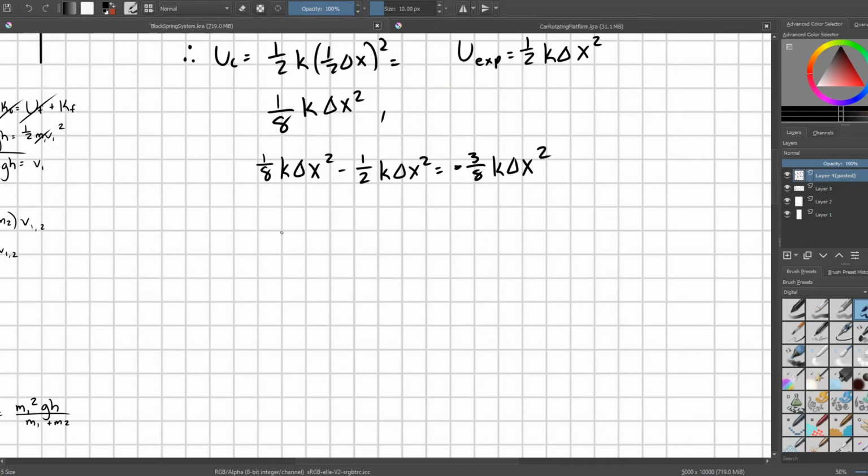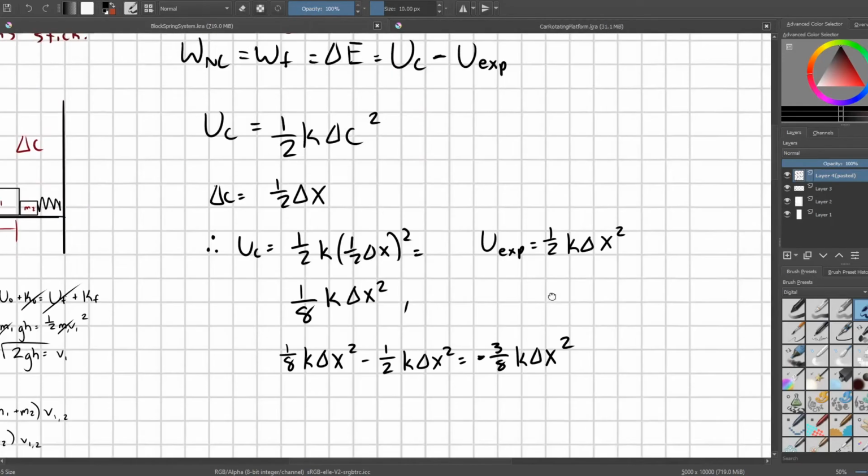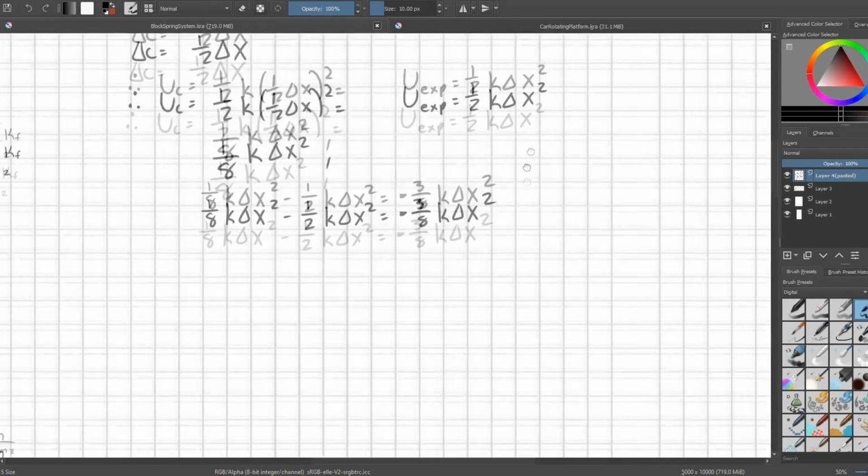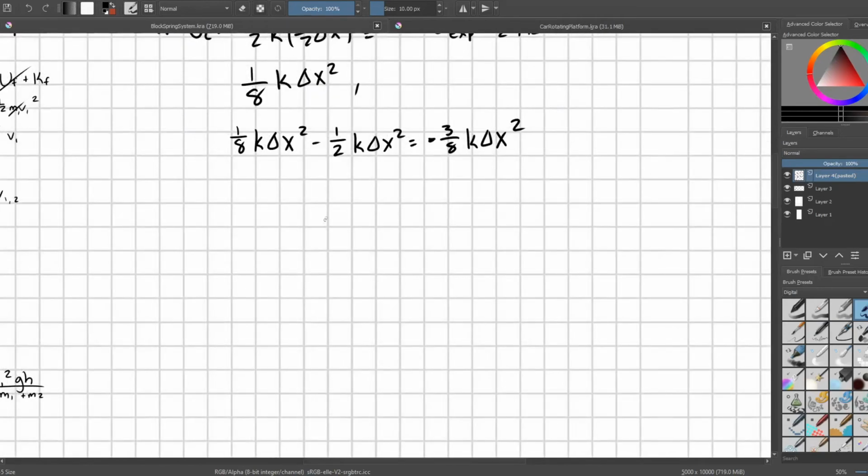So now we need to make our substitution for delta x expected. And I got a little bit lazy as I started writing out. Technically all of these delta x's should have the delta x expected on it, but that would get very tedious.